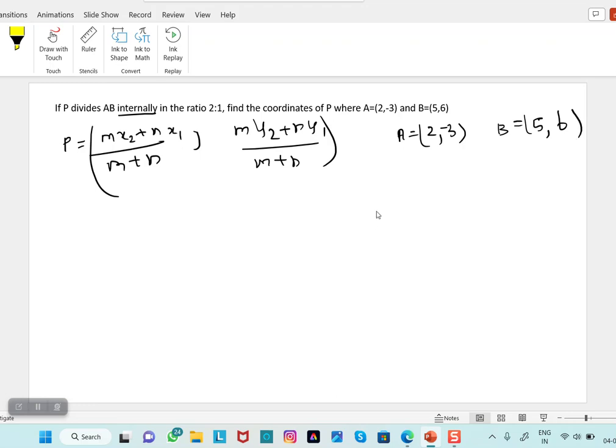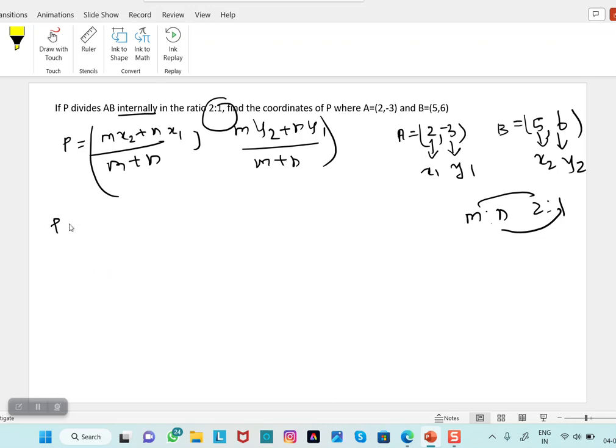Wherever is your first point, call it x1, call this y1, call it x2, call this y2. And your m and n are given as the ratio 2:1. So your m is 2 and your n is 1.